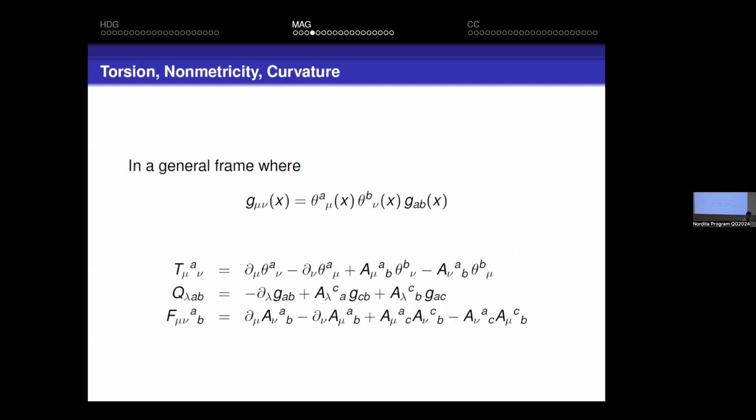Okay. So in addition to curvature, you have new geometric objects, which are the torsion and non-metricity. And if you work in a generic frame, the torsion is the covariant exterior derivative of the frame, and the non-metricity is the covariant derivative of the metric.